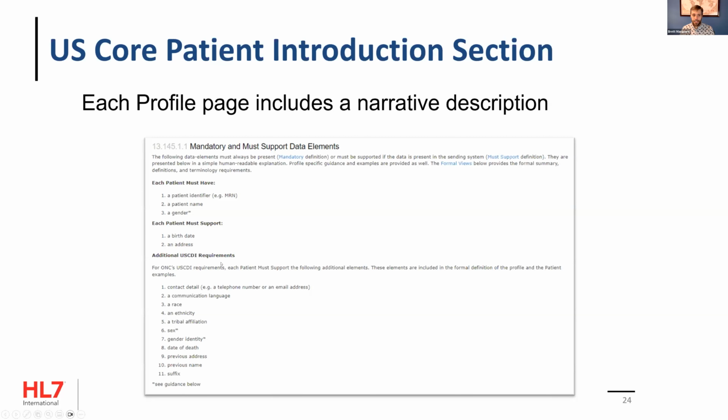There's an interesting dance going on here between must support and additional USCDI. If you're just on this call, you might think, why didn't you just mark them all must support? That would have been more clear. And we did that in some of the early releases. But it's important to reflect that US Core, well, it's used for ONC certification. It's also meant to be a foundational standard in the HL7 US community.